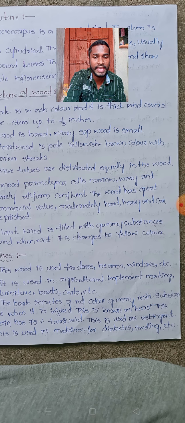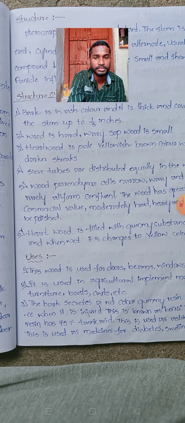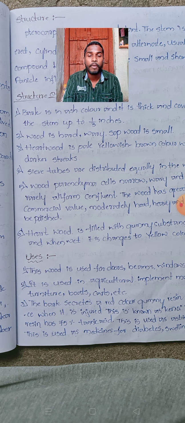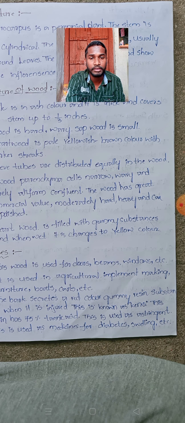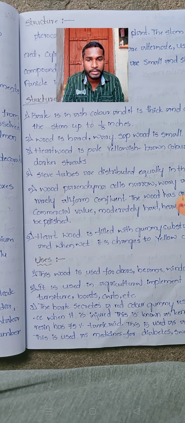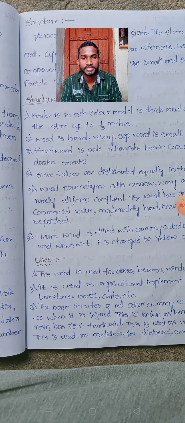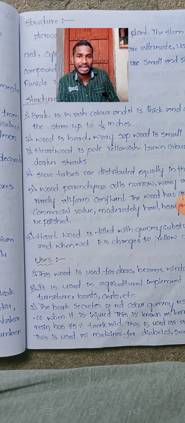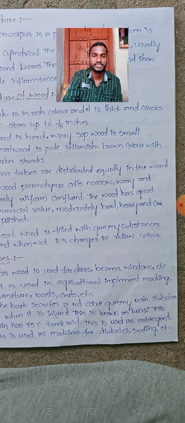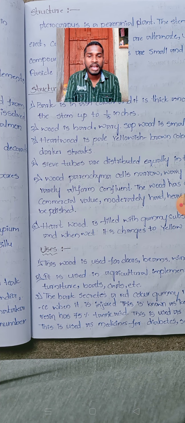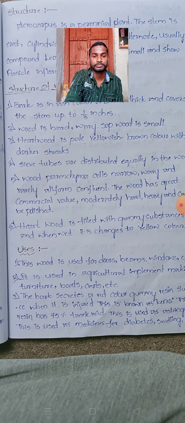The wood has great commercial value, is moderately hard and heavy, and can be polished. The hardwood is filled with gummy substances, and when wet it changes to yellow color.